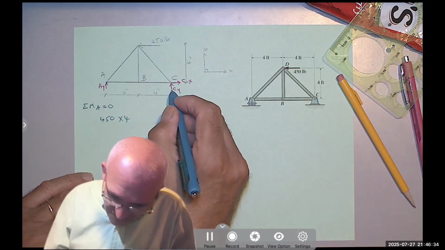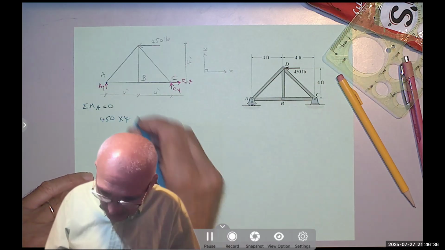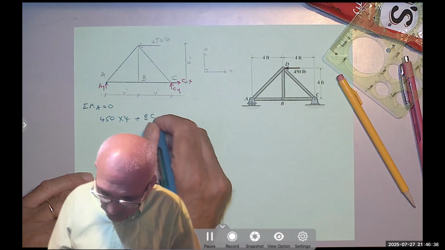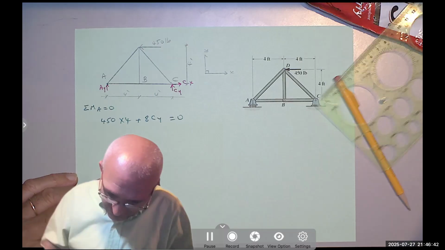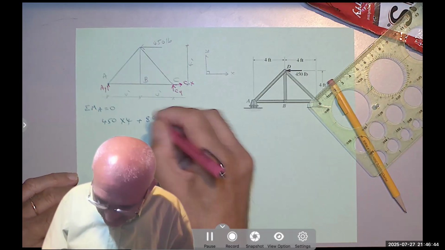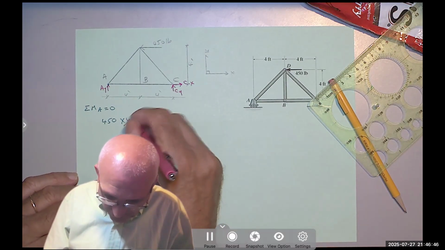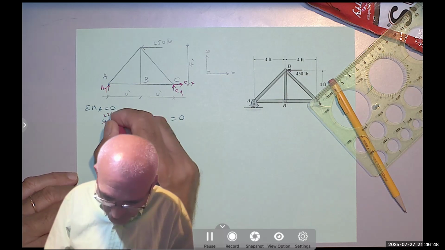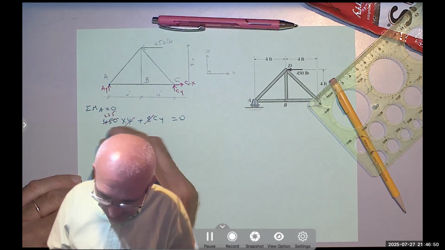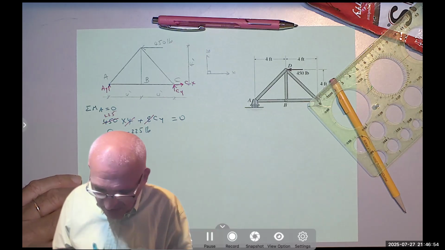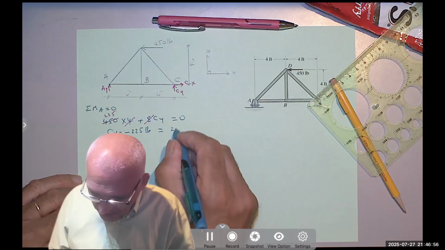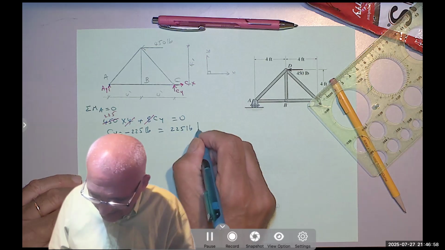The Cy is also going counterclockwise, so plus 8 Cy equals 0. First, I can simplify by 4, in fact, by 8. And this is 4, and I divide that by 2. So I get Cy equals negative 225 pounds, equals 225 pounds down.